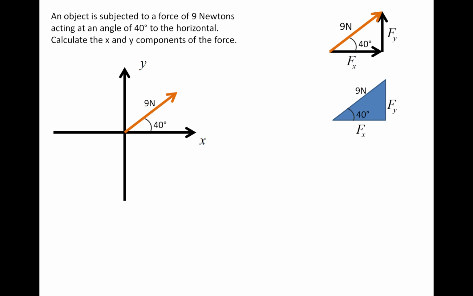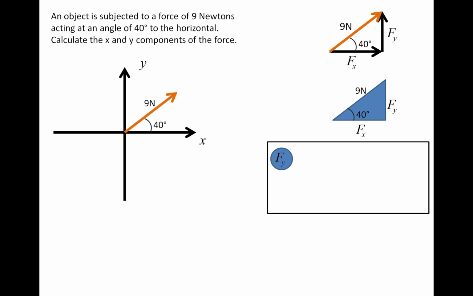So firstly, if we want to find Fy, all we need to do is use our trigonometric functions, recognizing that Fy is opposite to the angle we've been given, and the 9 newtons is the hypotenuse. SOHCAHTOA, we must use sine. So sine theta is equal to the opposite over the hypotenuse.